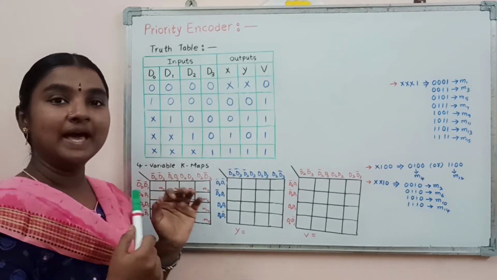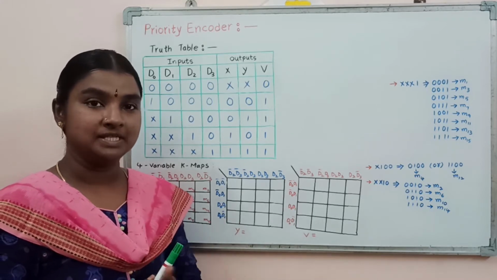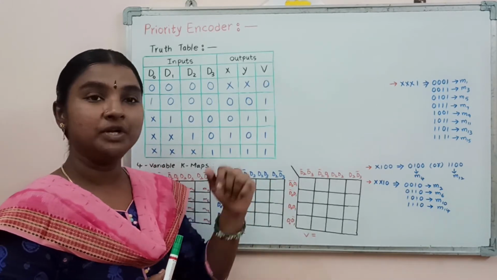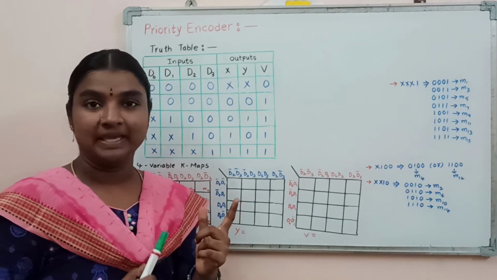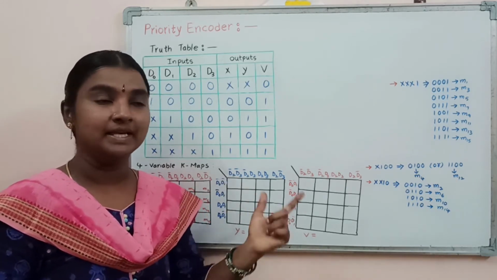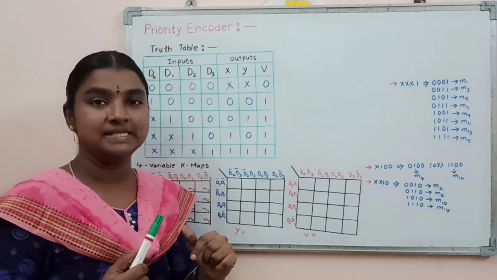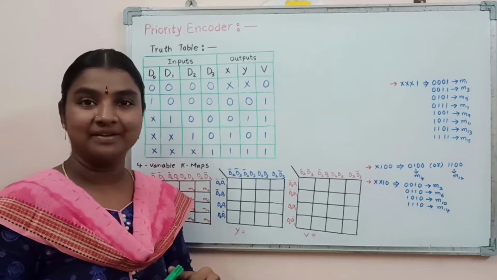If we are applying any input value at the input of the circuit, this V output is going to be 1. If we are not applying any input value on the input side, this V output is going to be 0. Now we will see the combinations one by one.